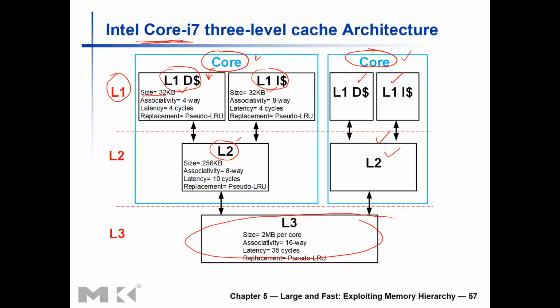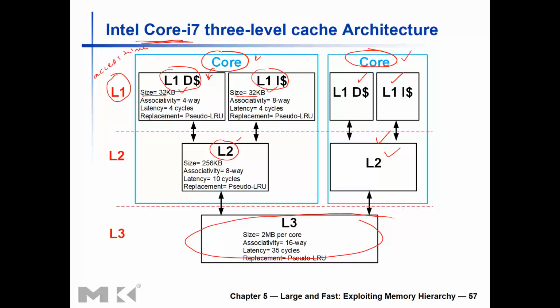And if we look at the sizes, obviously the size up here is very small for the L1, both data and instruction, 32 KB. The reason is that the emphasis in level 1 is access time. So you want them to be small, very quick in getting the data or the instructions. So the emphasis in the upper levels of caches, especially level 1, is access time.